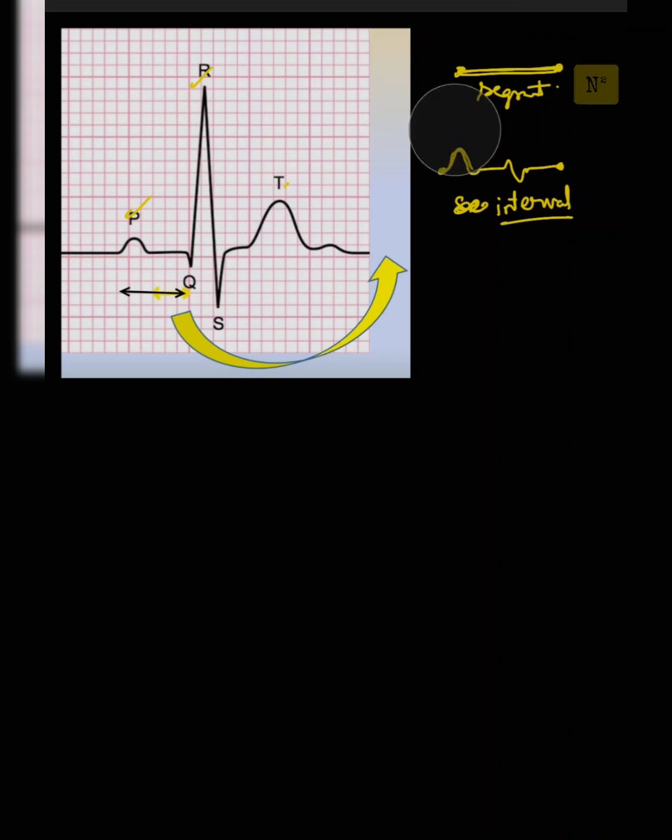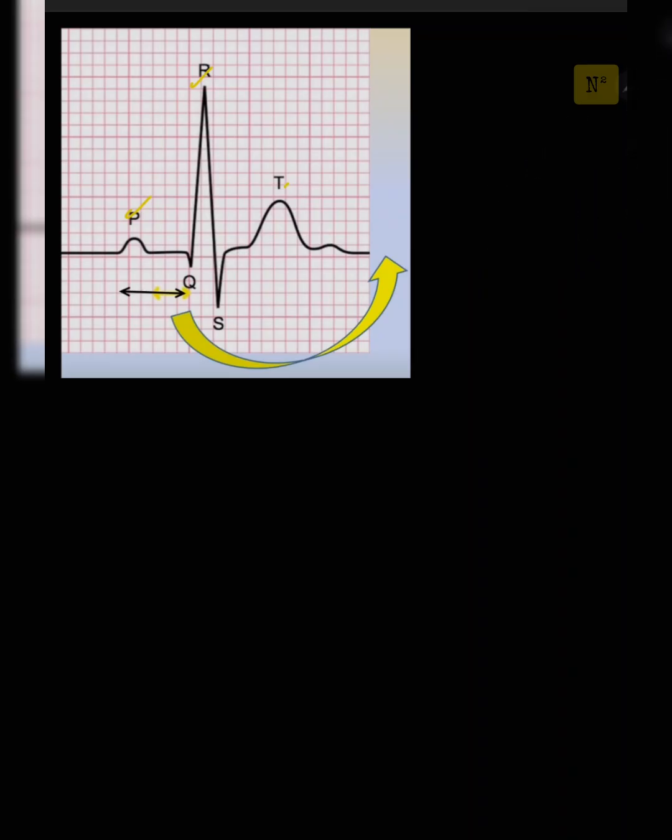Now the first such interval that we encounter is sometimes called PQ or sometimes called PR interval. I told you if it's an interval, the points have to be joined by a curve and a line. So let's think of it as the P and R wave.